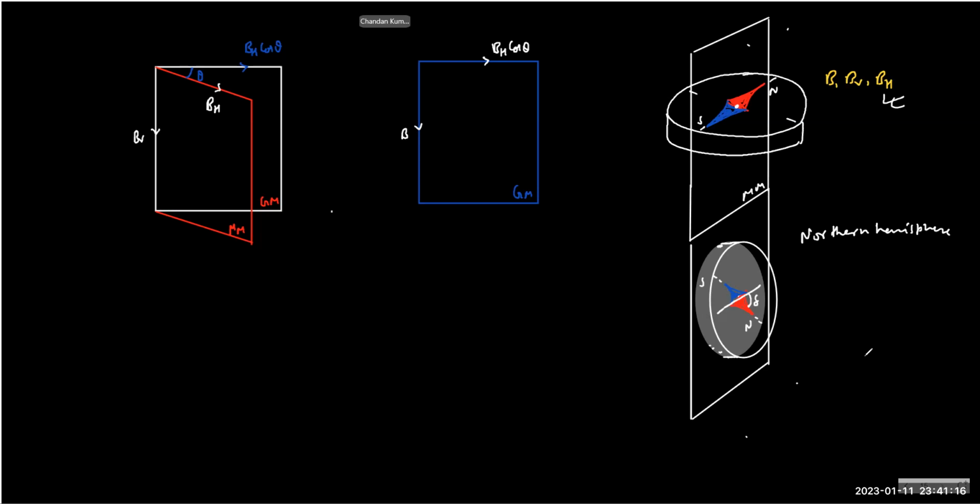So once you make it vertical, it will actually show you the true dip. So this is the rule. To find the magnetic meridian, you take a compass, put it horizontally on a flat surface of the earth. You see the alignment of north and south. Create a plane like this, and you know this is the magnetic meridian. Once you get this meridian, make the plane of the compass vertical. The needle will dip immediately, and it will show you the true dip. Do you realize how we are measuring the true dip?